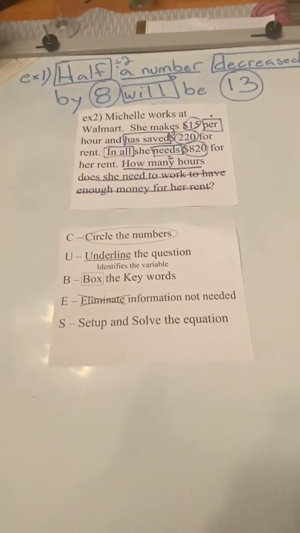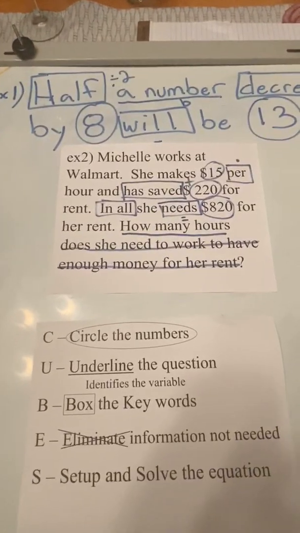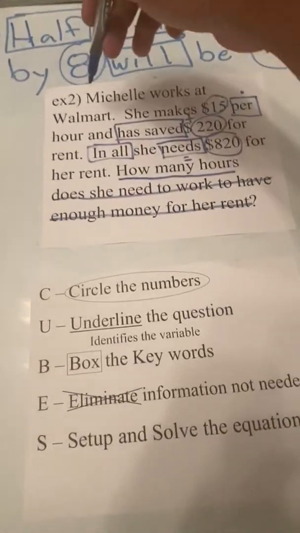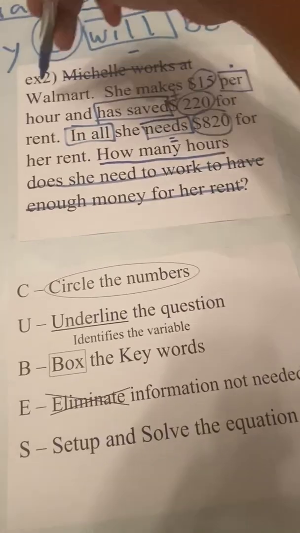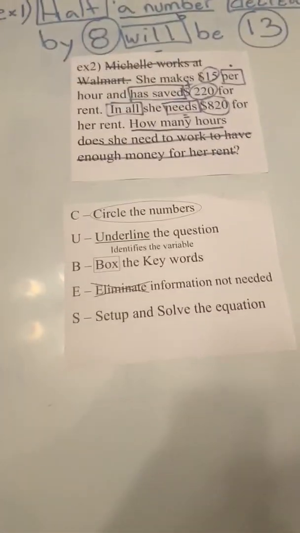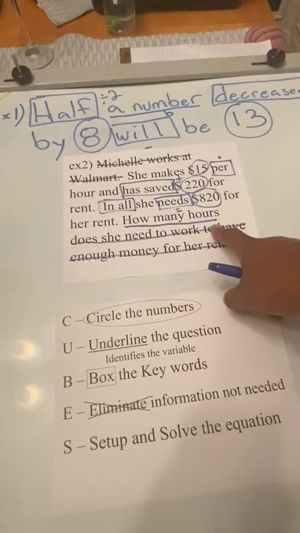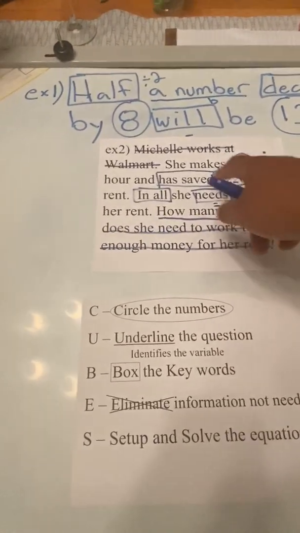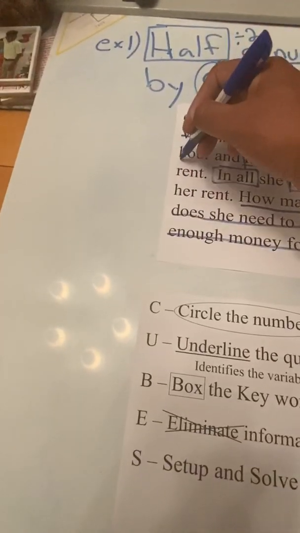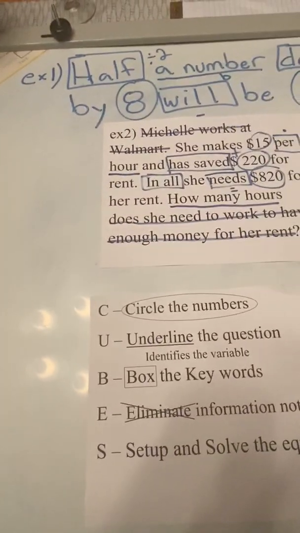E, eliminate information not needed. It says Michelle works at Walmart. It doesn't matter where she works, so we can just eliminate that. Now we want to set up and solve. We know our question is how many hours. That's the variable. Here's hour, so we know hour is our variable.